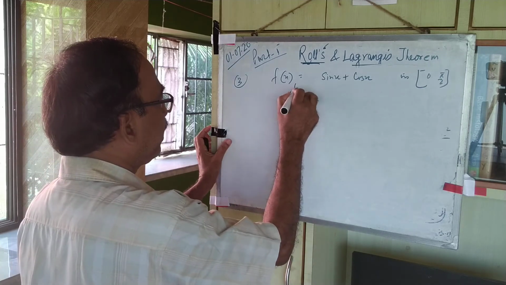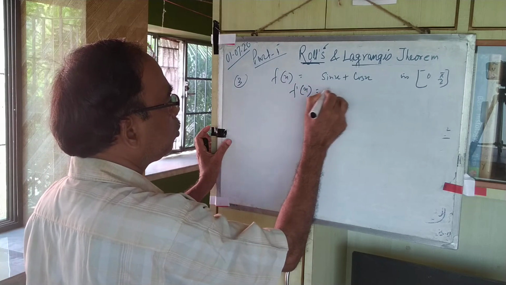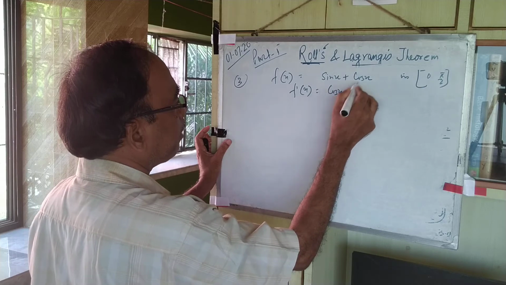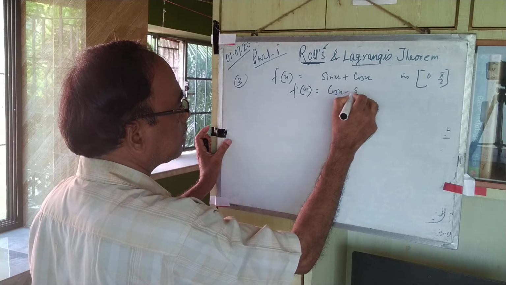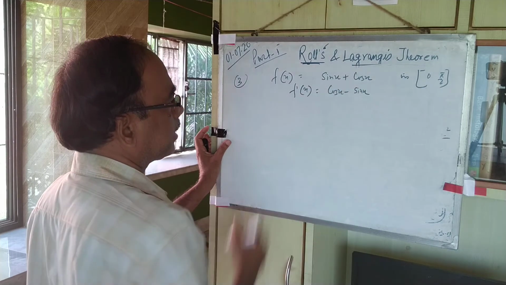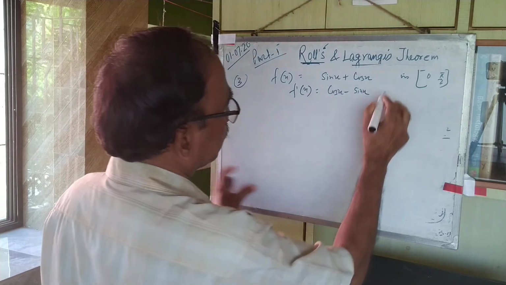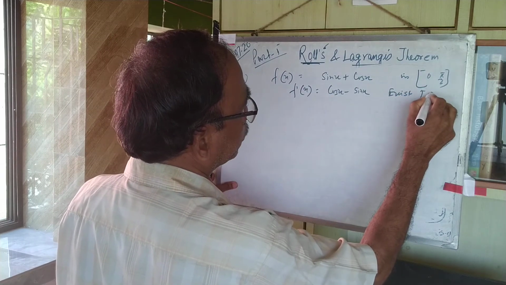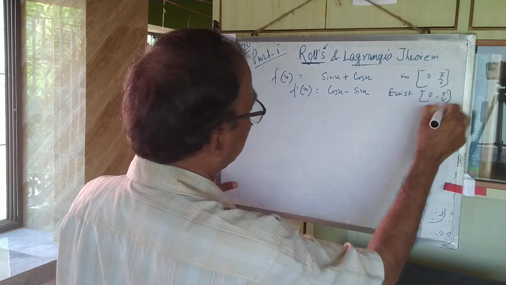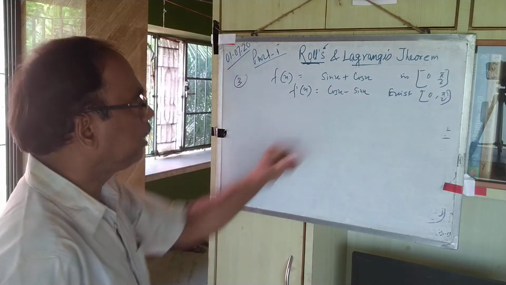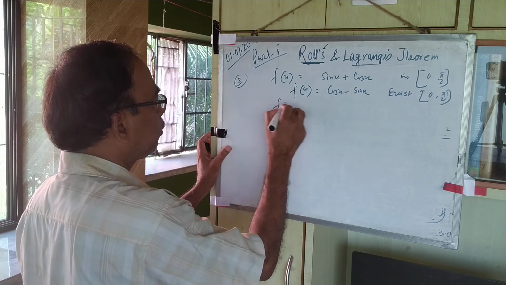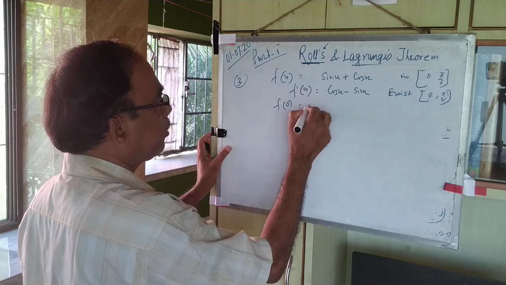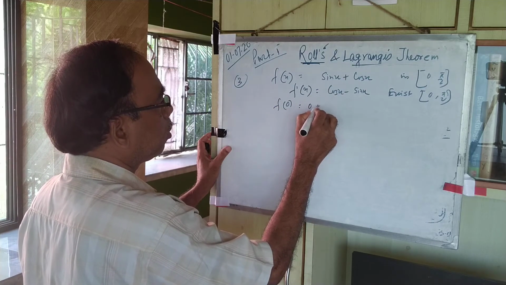Number 2, f dash x equals cos x minus sin x, the derivative, which exists in the closed interval 0 to pi by 2. It is also derivable. f(0) equals sin 0 plus cos 0, that is 0 plus 1, which is 1.